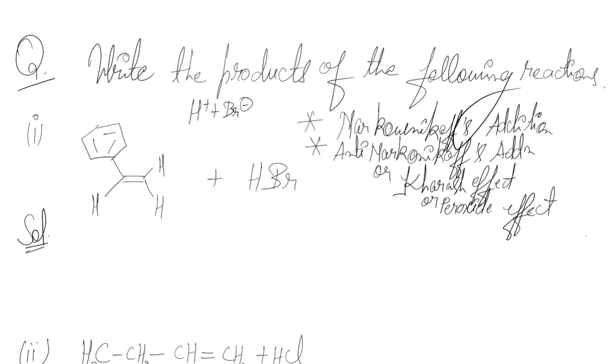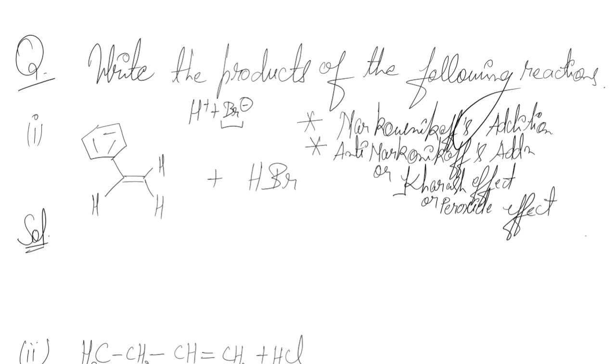The rule says the negative part will go to that carbon where there are fewer hydrogens present.